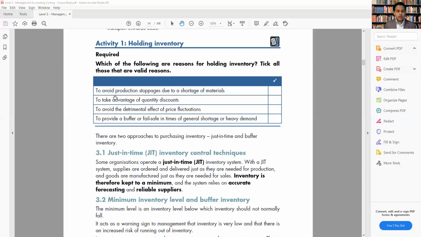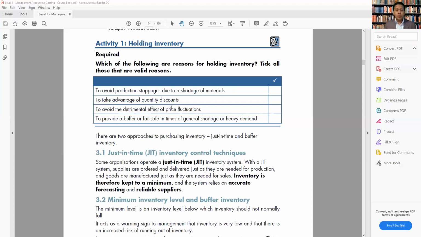So let's look at the first one. The first one says, to avoid production stoppage due to shortage of material. If you think it is a valid reason, you can consider that. The next one we have is to take advantage of quantity discount.